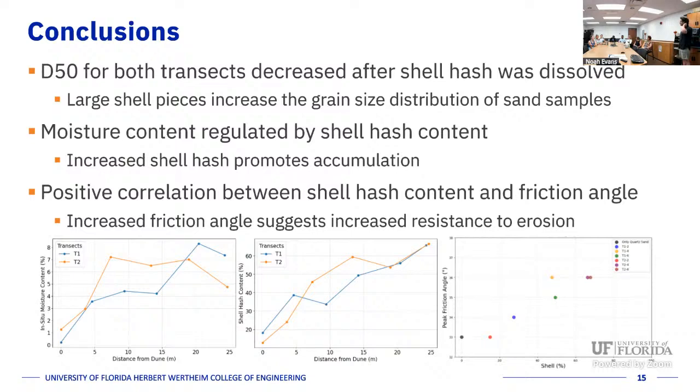So your shear stress, is that like what a wave would essentially put on it? Is that comparable to what an average wave would push? Well, that's a kind of different study in terms of the hydrodynamic conditions.